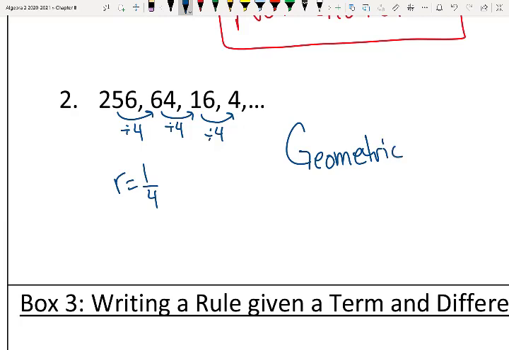Now, the other thing that you can do, if it's not clear to you, like sometimes it's not just a straightforward multiplication or division by a whole number, to check for your ratios, to figure out what that r value is, you can take a term and divide it by the previous term. So if I wanted to do this using another method, I could check 64 over 256, 16 over 64, 4 over 16.